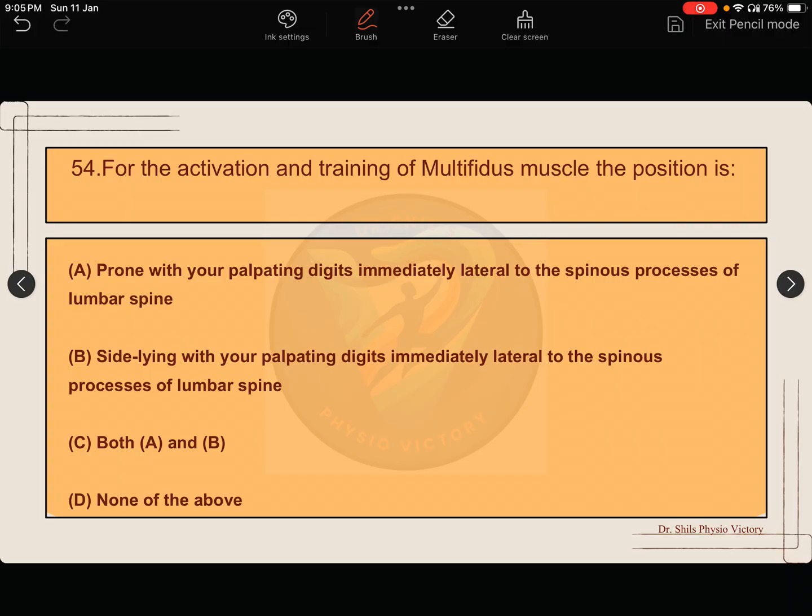Option B, side-lying with your palpating digits immediately lateral to the spinous process of the lumbar spine. Option C, both A and B. Option D, none of the above. So both are correct options. Option C is the correct option. Multifidus can be palpated in both positions.